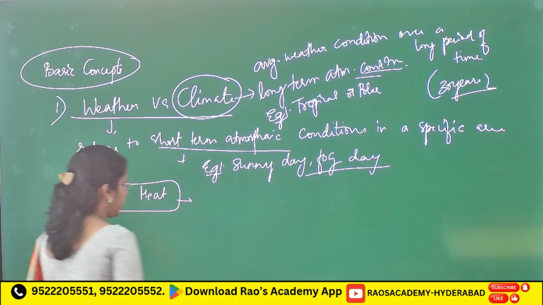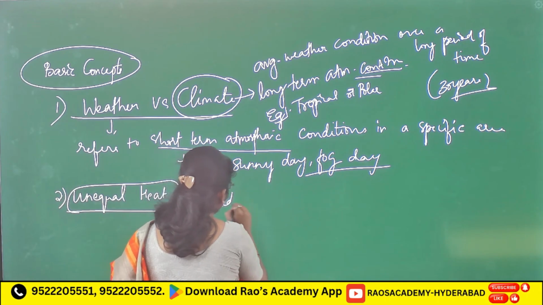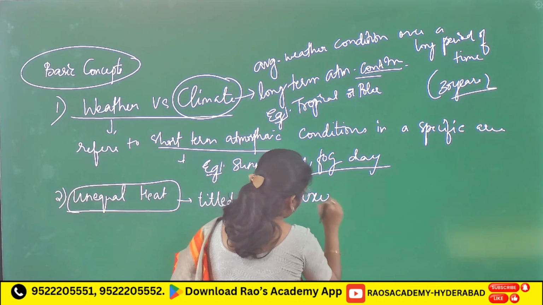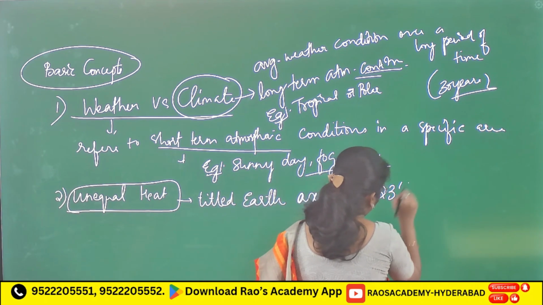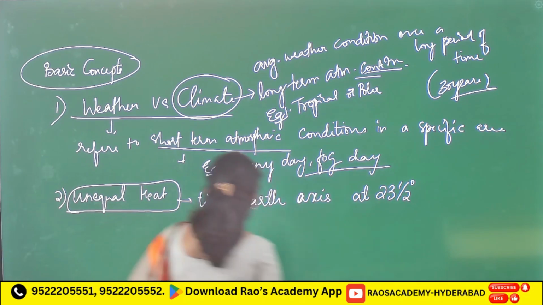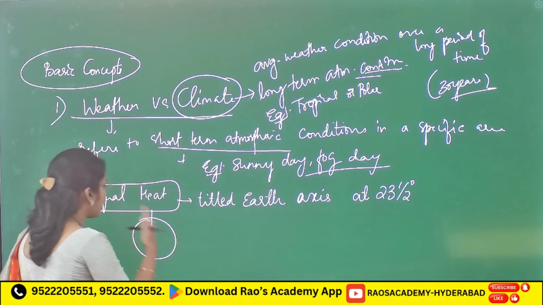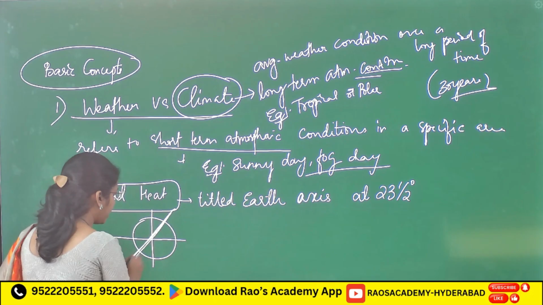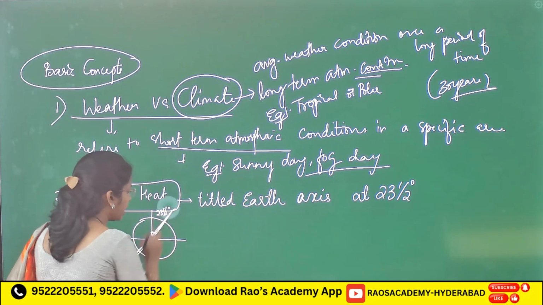Unequal heat is caused because of the tilted earth axis at 23.5 degrees. For example, this is earth, and this is the axis, but we have a tilted axis. This tilted axis is at 23.5 degrees.